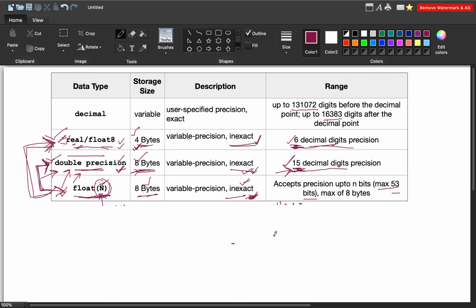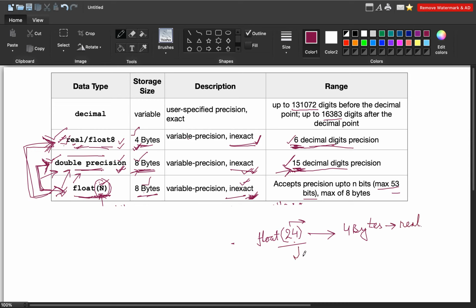If I say here float up to 24, that means if I define the bit size of 24, then it stays within the limit of 4 bytes. That means the value can be stored with 4 bytes, and hence it gets converted into real, right?